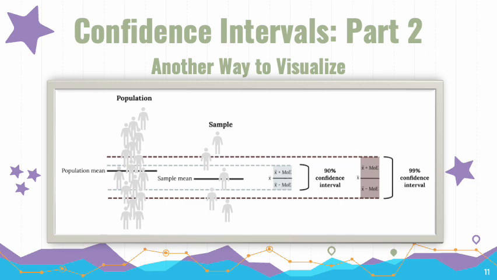Notice also that the 90% and the 99% confidence interval leave out some of the population and leave out some of our sample. This is because we are leaving out those outliers. But the bigger our confidence interval, the more of the values of the population we are capturing.